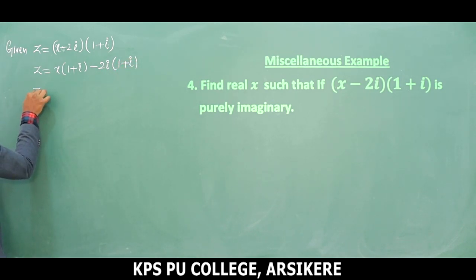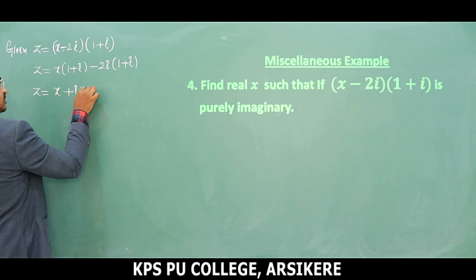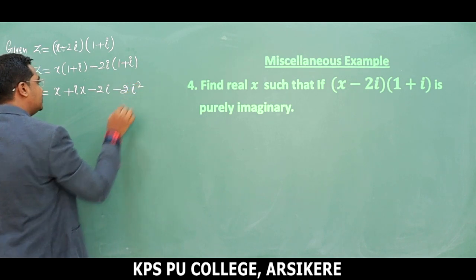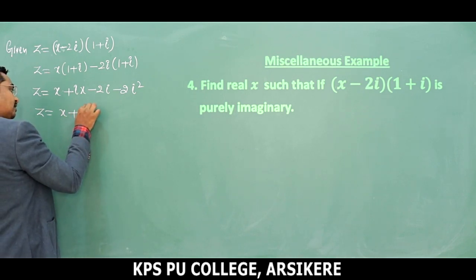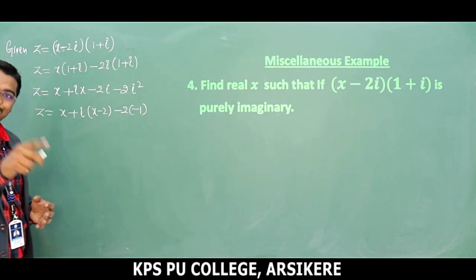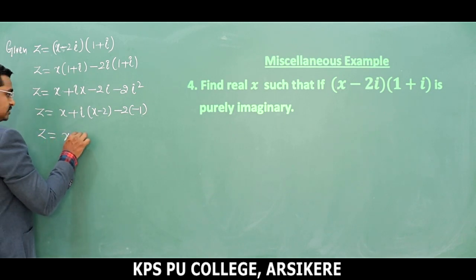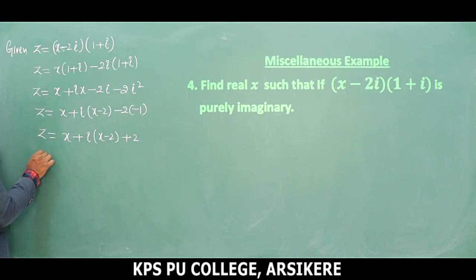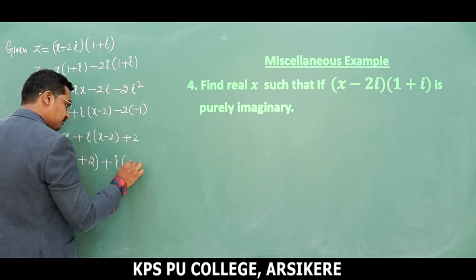Next, multiply by x first. z is equal to x into 1 is x, plus i into x, minus 2i into 1 is minus 2i, minus 2 times i square. z is equal to x plus, here i is common, take it outside, i times (x minus 2), minus 2 into minus 1 because i square value is minus 1. Next z is equal to x plus i times (x minus 2), plus 2, minus into minus becomes plus. So therefore z is equal to x plus 2 plus i times (x minus 2).